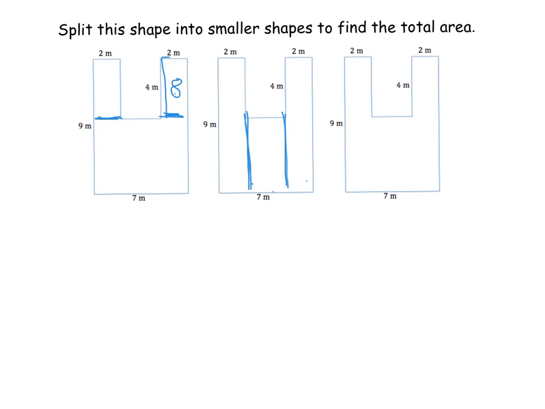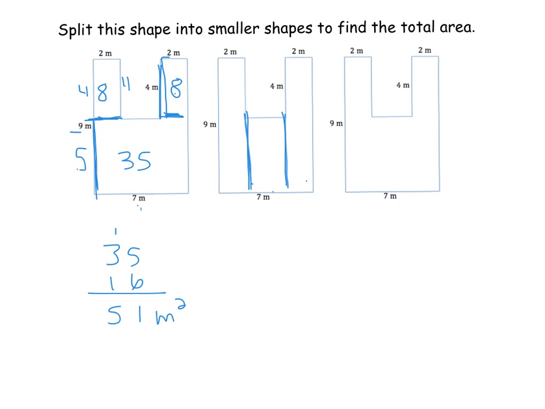And this would be 2 by 4 as well, because if this is 4, this is 4, so this also would be 8. And then, common mistake is taking this 9 and multiplying it by the 7. But remember, we cut off 4 of this, so this part right here must only be 5. So 5 times 7 is 35. So 35 plus 16 would give me an area of 51 meters squared.